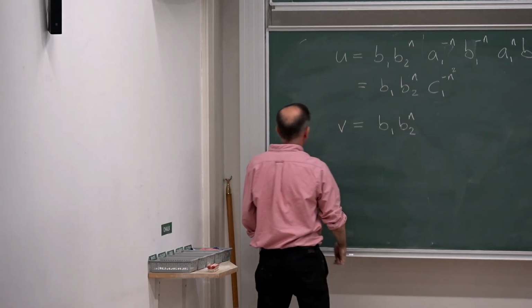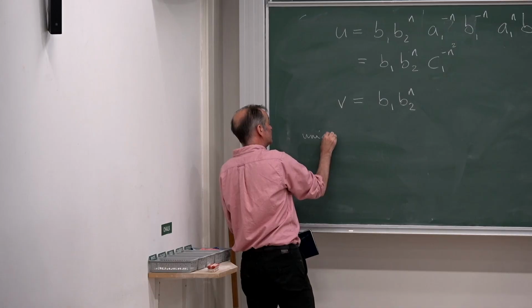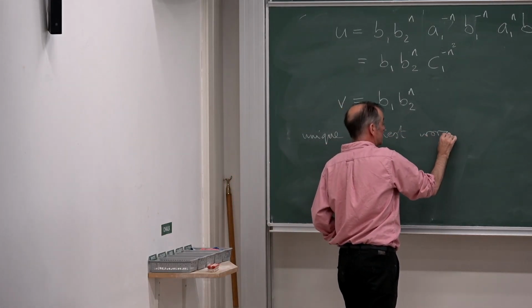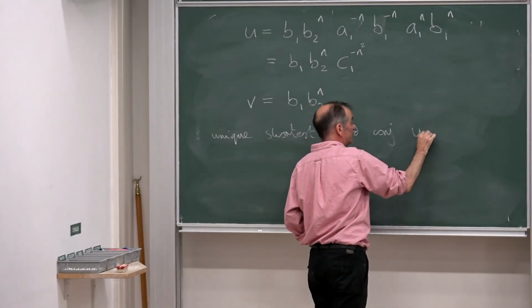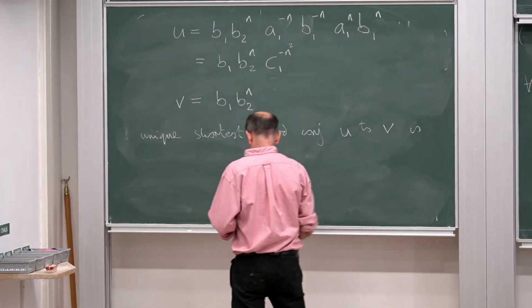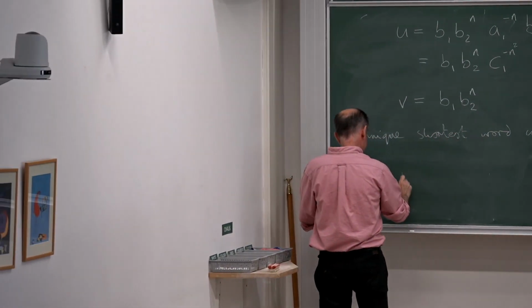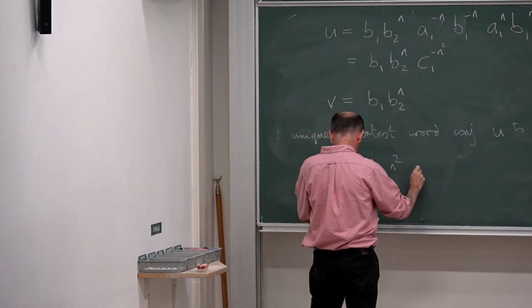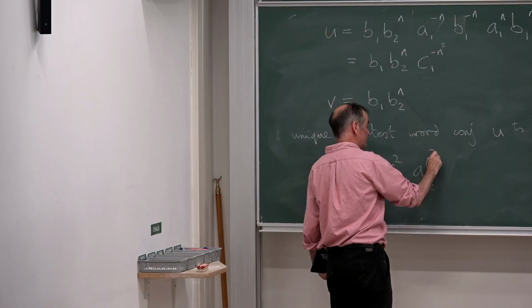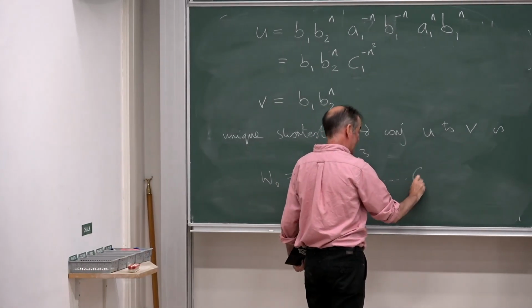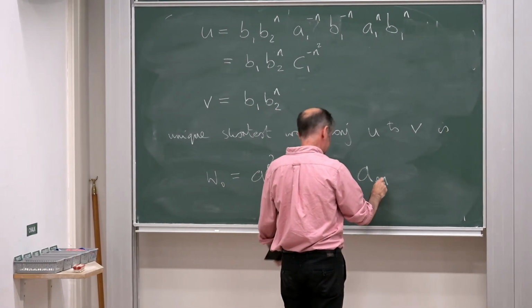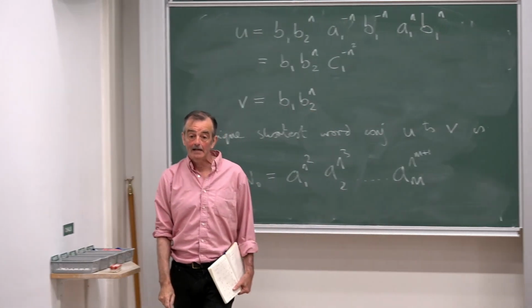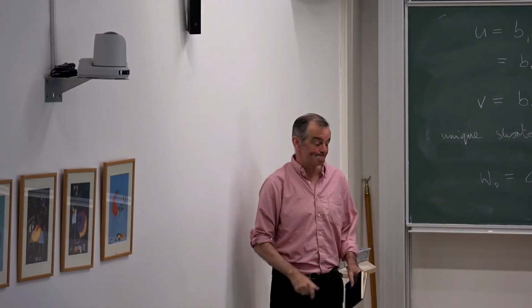I claim the unique shortest word conjugating U to V is W naught, which is A1 to the n squared, A2 to the n cubed, up to A_m, where m was the size of the rank of the center, to the n^{m+1}. That's the shortest word conjugating U to V.